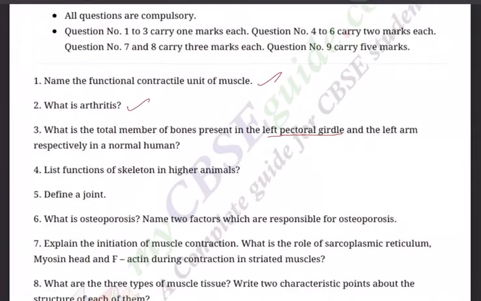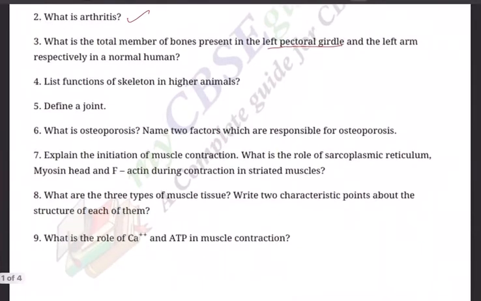List functions of skeleton in higher animals. Define joint. Of course, a knowledge based question, straight, you just have to remember and reproduce it. What is osteoporosis? Again, a disease related to bones. Name 2 factors which are responsible for osteoporosis.